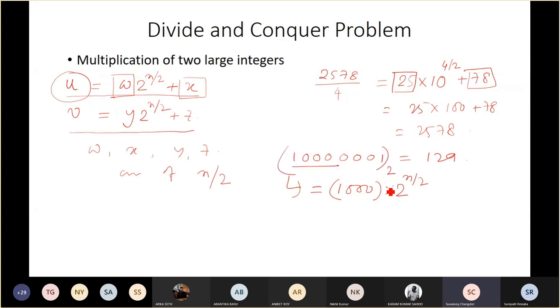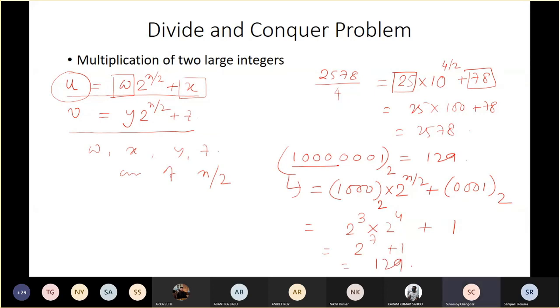Actually, we have to write this as base 2. So here it is base 2 plus 0001. So here this is 2 to the power 3 and this is 2 to the power 4, plus this one is 1. So that equals 2 to the power 7 plus 1, which equals 129.